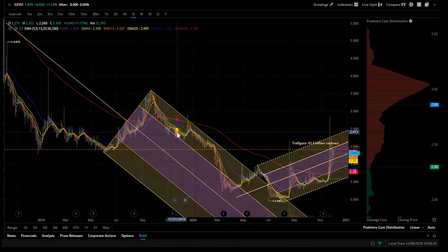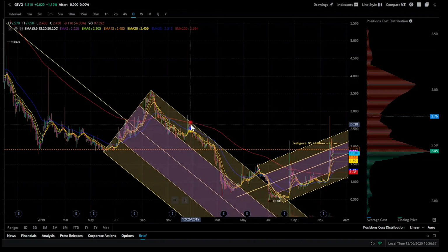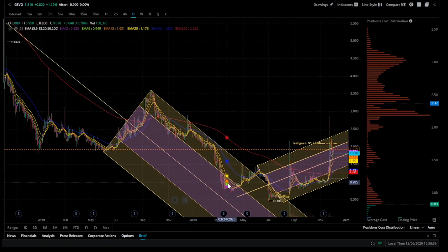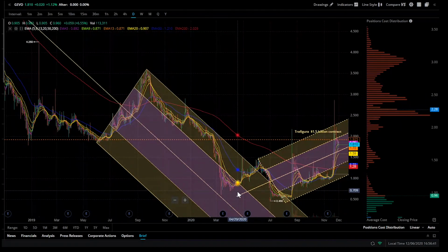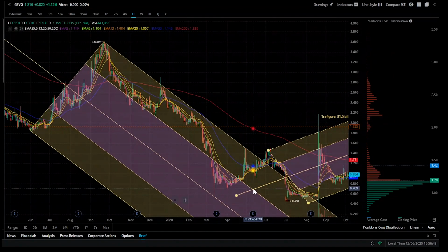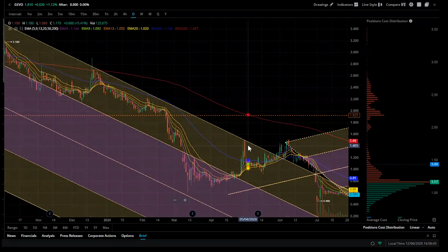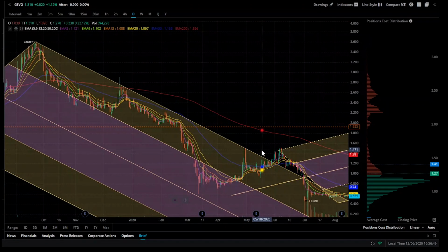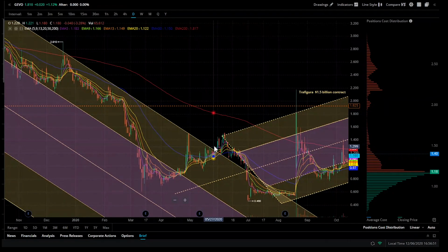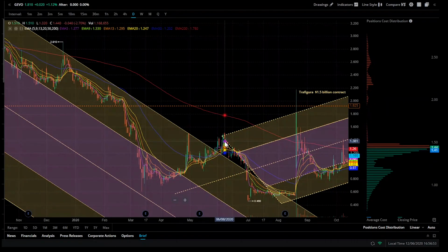It traded here and then up again to the outer level, down again a little bit below the inner resistance, and then it broke out of this, hit the outer resistance, dropped again, and then slowly moved towards breaking that outer resistance again.